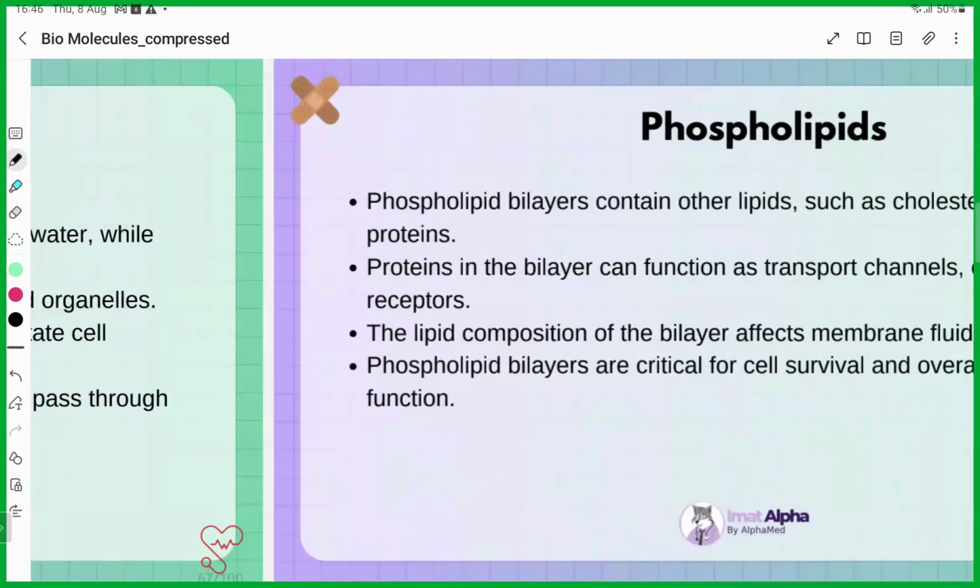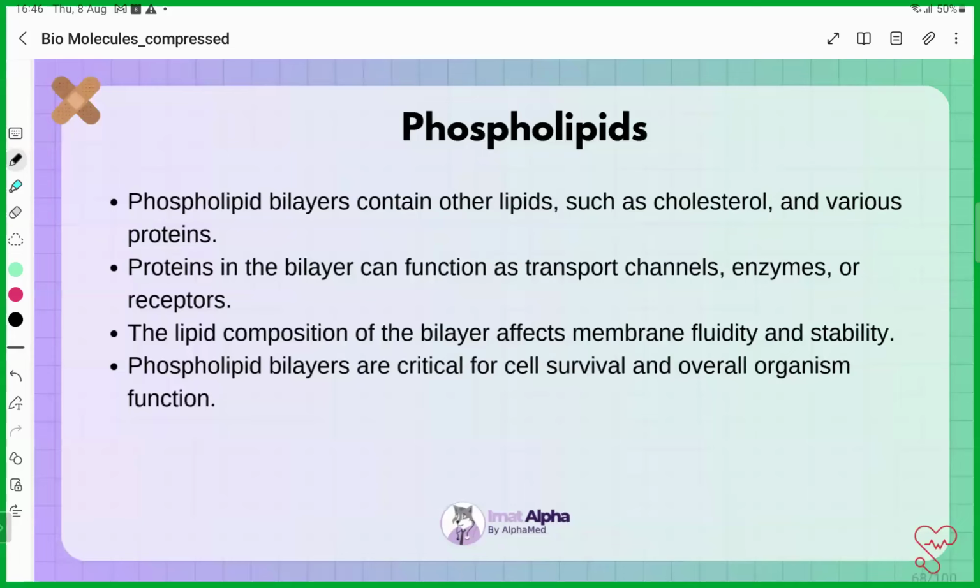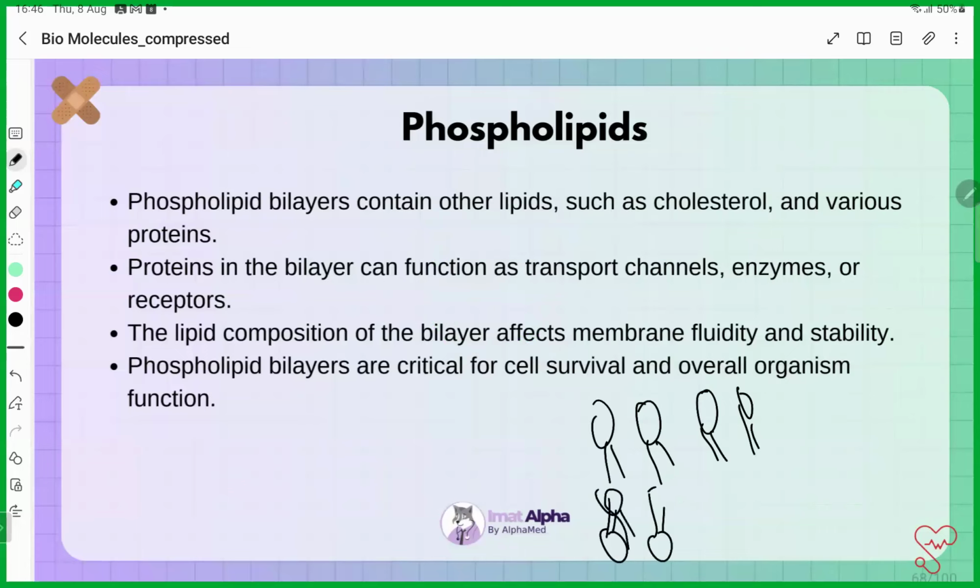Phospholipid bilayers contain other lipids such as cholesterol and various proteins, because if you remember when I was drawing, here's the cholesterol. It's inside. So proteins in the bilayer can function as transport channels, enzymes, and receptors.